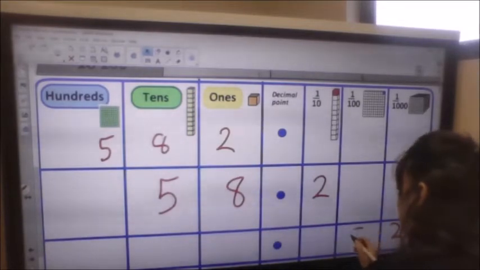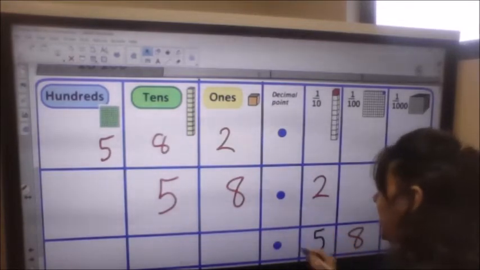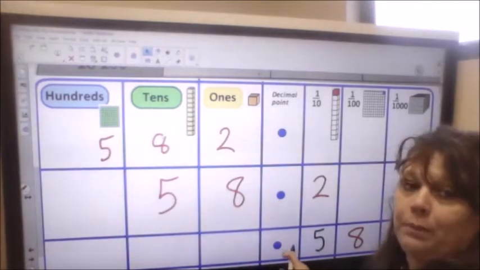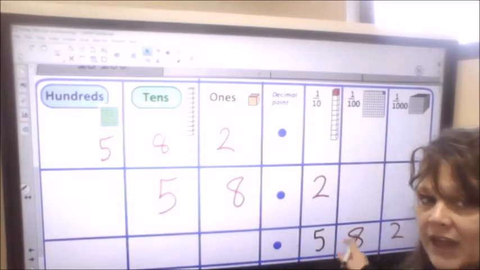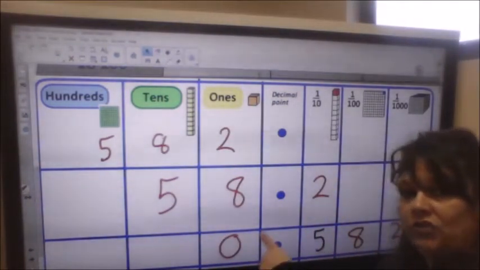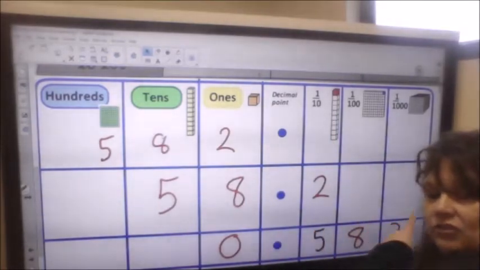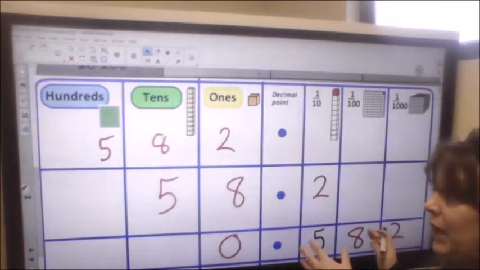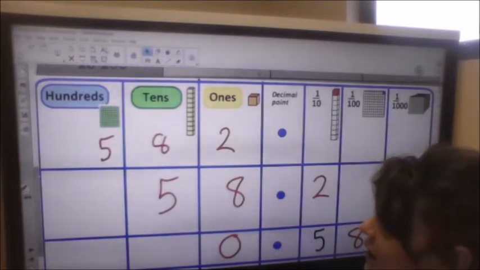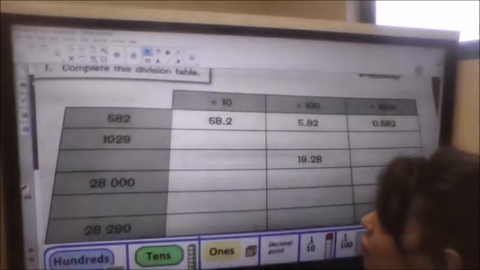The 8 would then end up here, the 5 here. Now I can't leave this because I've got a decimal point there, 0.582. I've got to put a 0 there. So we end up with 0.582. That's divided by 1,000, and we can have a little look at the grid, and it does tell us indeed that our answers are correct.